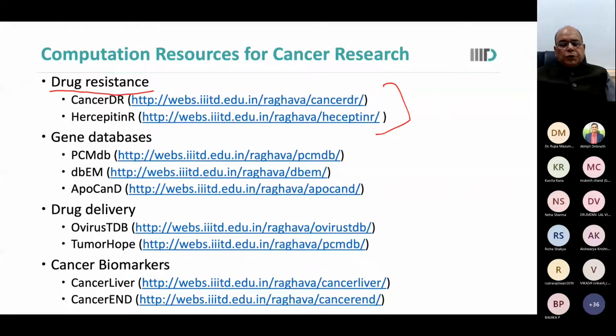Then you know that a number of genes are involved in cancer, and these are called oncogenes basically. What are their properties and what type of information is there? These three databases will help you to understand oncogenes or cancer genes, genes involved in cancer.